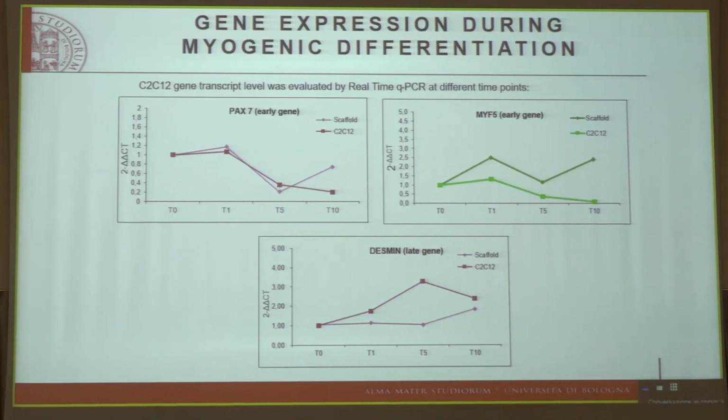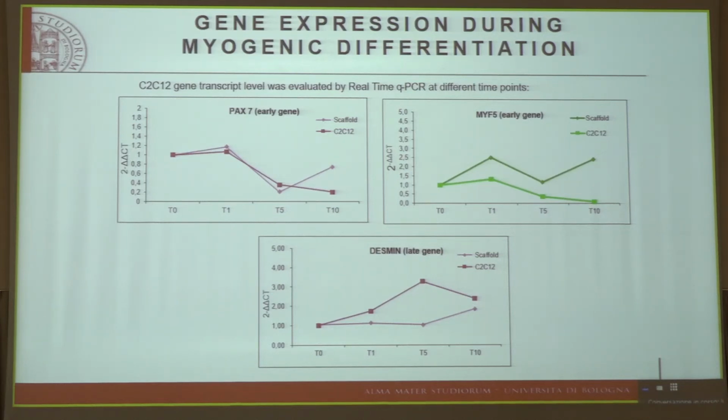Of course, changes in protein expression are related to changes in gene expression. So we look at the gene transcript level of C2C12. Again, we analyze some early and late genes. This is a work in progress, so it needs further analysis.